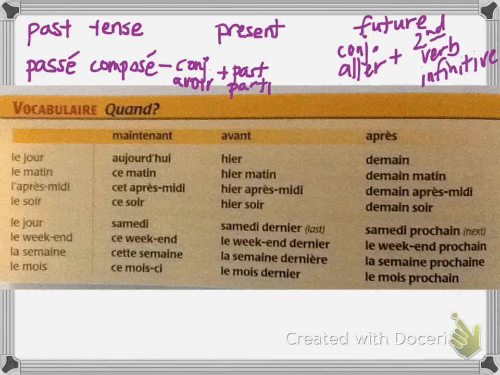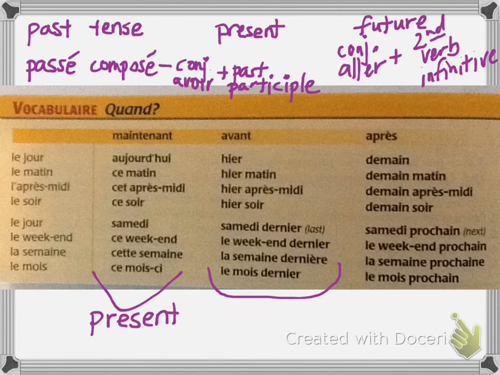So now that you have 3 different tenses, you have to have a way to know which tense to use in a sentence. And so these are cue words, words that are going to give you a clue. This first column, if you see these words, these are indications that the sentence should be in the present tense.